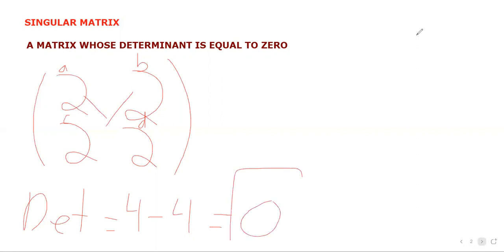Since the result is equal to 0, this will be a singular matrix. So when the determinant gives you a 0, it is singular.